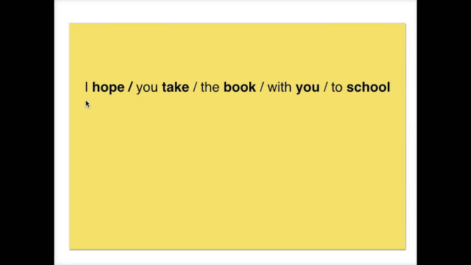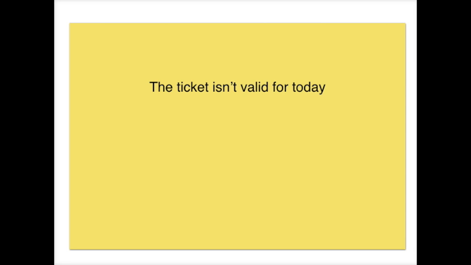If we look just at unstressed syllables, you wouldn't have a clue of trying to guess what the line is about: I, you, the, with, to. If I said hope, take, book, you, school, we get the idea. Another standard English spoken line could be, the ticket isn't valid for today.